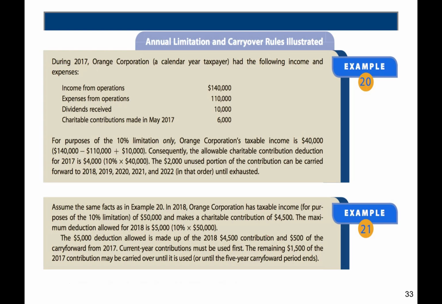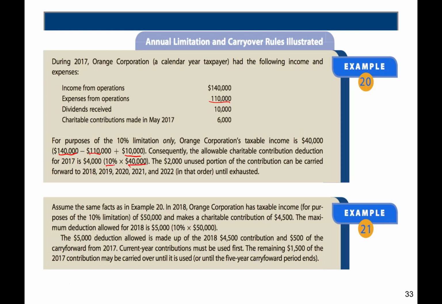So we're trying to figure out our limitation here, and when we look at our income from operations, it's 140. We have the 110 expenses from operation, and then we've got dividends received of 10,000. So when we add all that up, we come up with 40,000, okay?